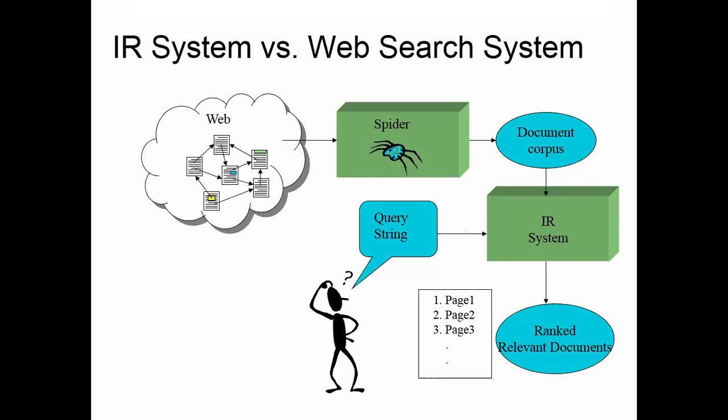What makes web search engines different from information retrieval systems is that web search engines have intelligent spiders, crawlers, or they are also called bots. Those spiders or crawlers are responsible for always checking the web. The web is basically forming a graph because pages are linked with each other.